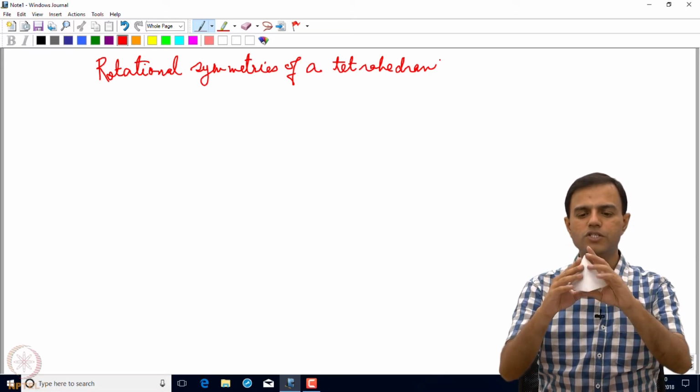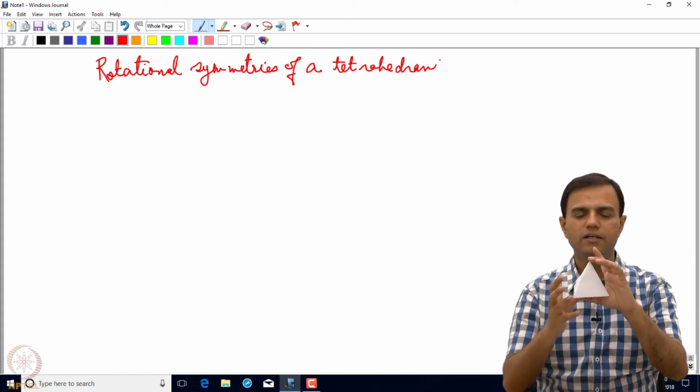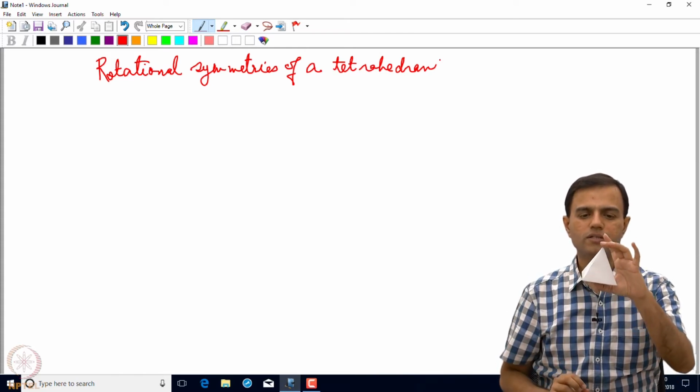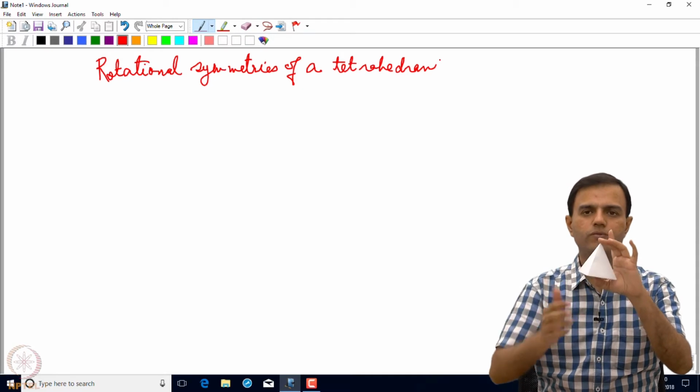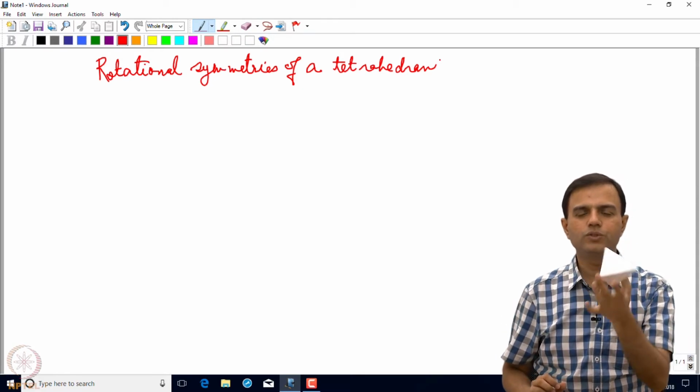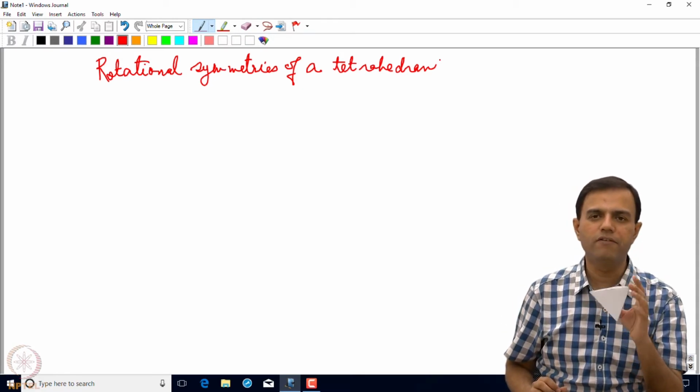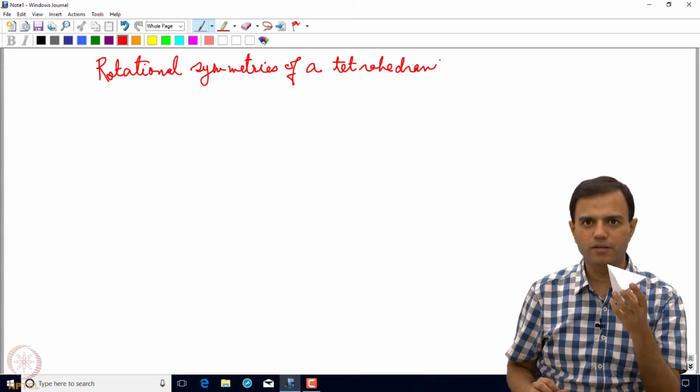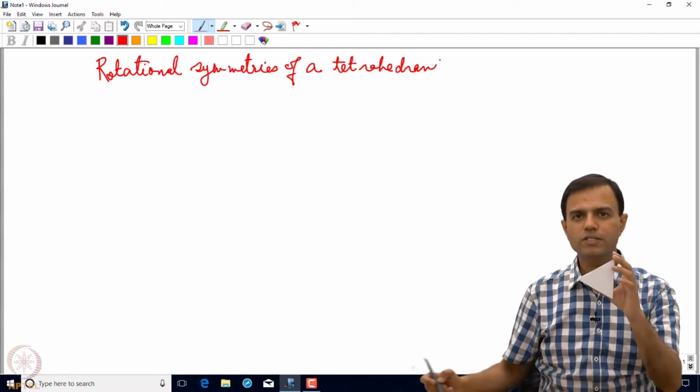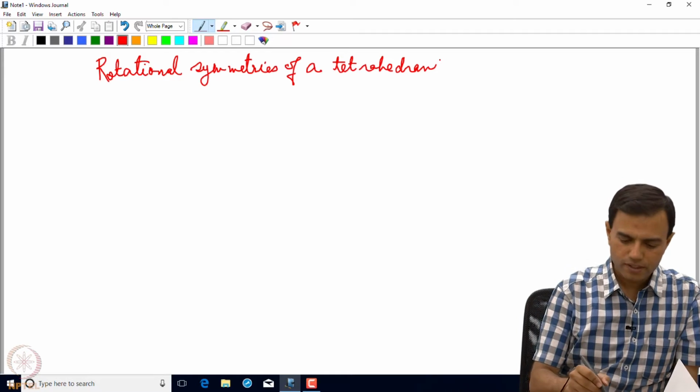How many choices for these vertices are there? There are 4 choices: 1, 2, 3, 4. So those are a certain kind of rotations I have in this tetrahedron, these symmetries. First let me write all those.